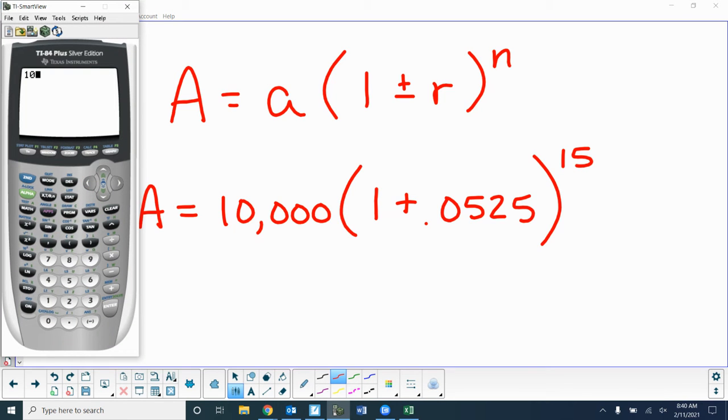All right, 10,000, parenthesis, 1 plus 0.0525, close it up, caret 15. So $21,544.